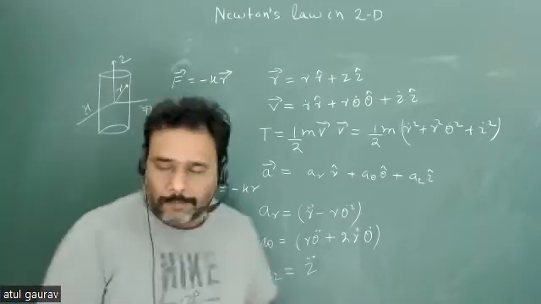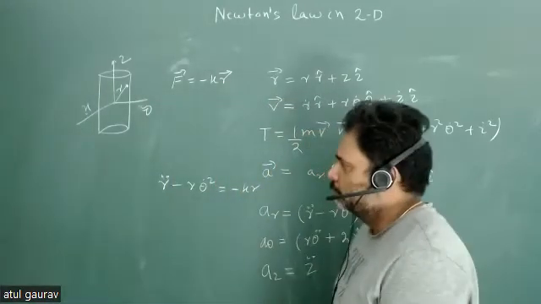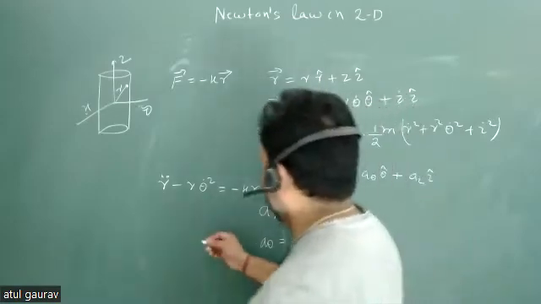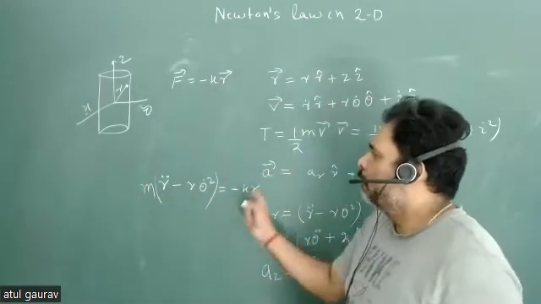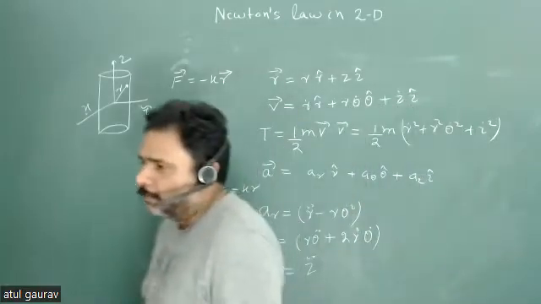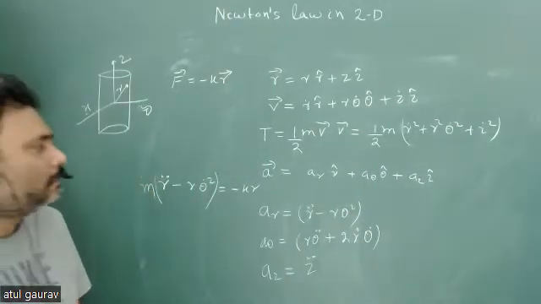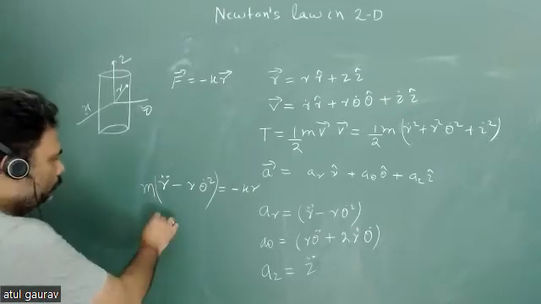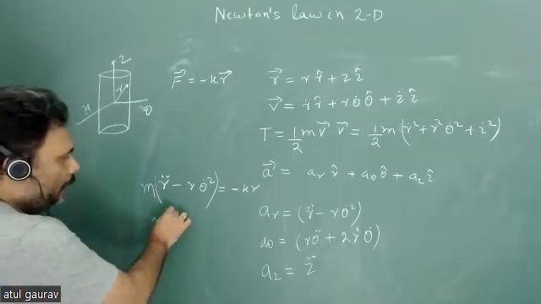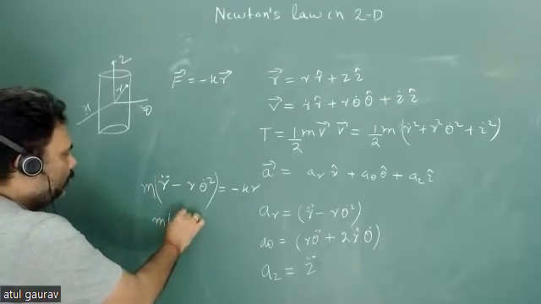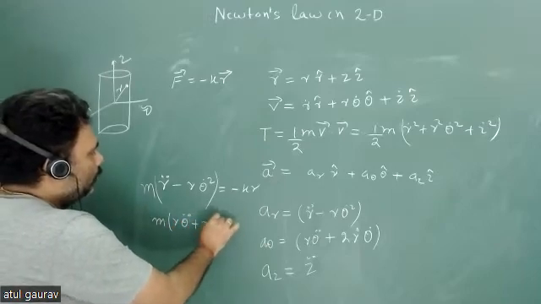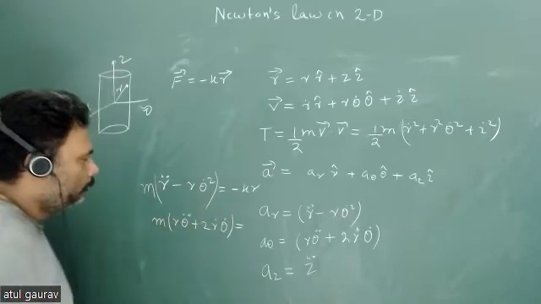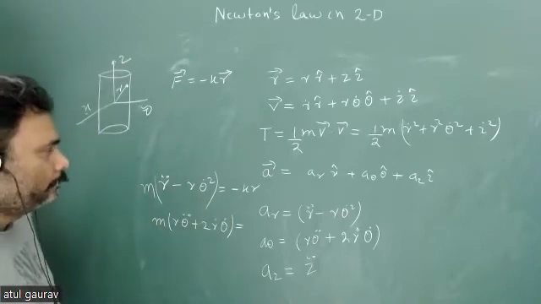Are you people comfortable? Sir, won't you take the mass? Yes, we will take the mass as well. M into A is equal to force. Now, what will be the next one? M times R theta double dot plus 2 R dot theta dot must be equal to 0.